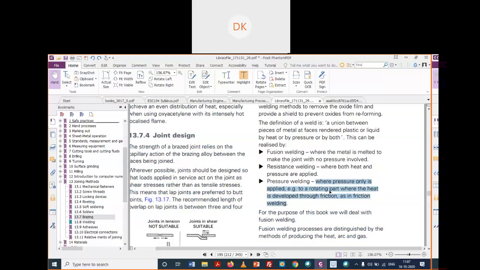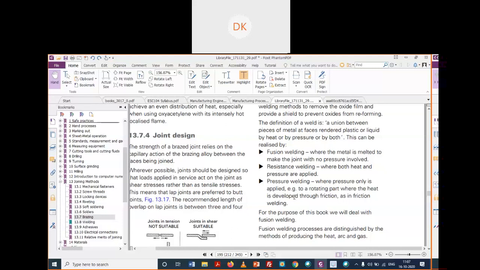Heat is a form of energy, as you will come to know in your thermodynamics or heat transfer class in the mechanical department. If you move one material over another, it creates heat because of friction. If you rub your hands, heat is produced. That heat itself is sufficient for the welding process.